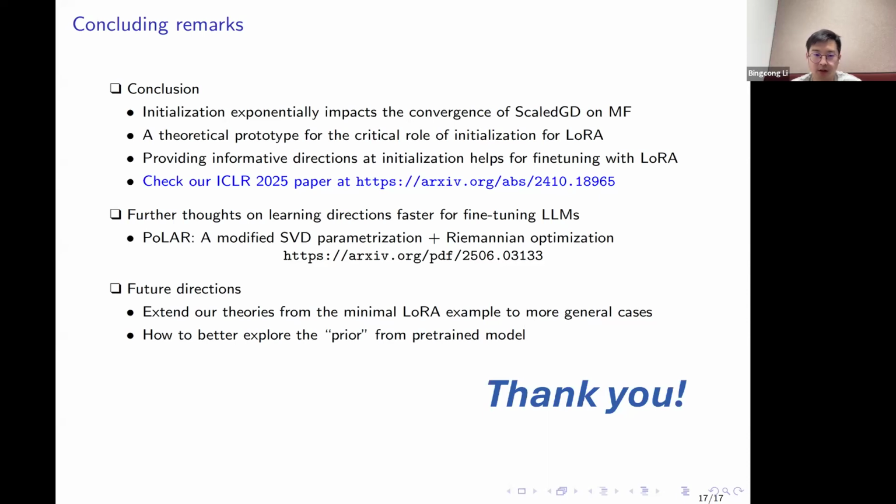And it turns out that this claim is true. Essentially, if you use a modified version of SVD parameterization paired with Riemannian optimization, you can solve this slow learning of optimal directions. You can find more details of this new structure in our recent paper, PoLAR.